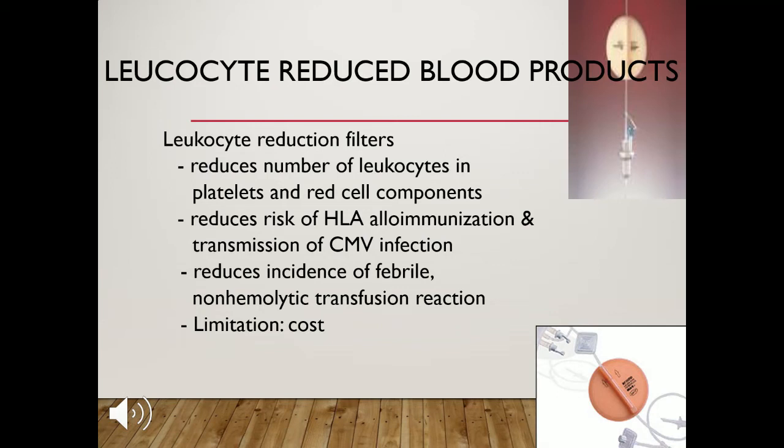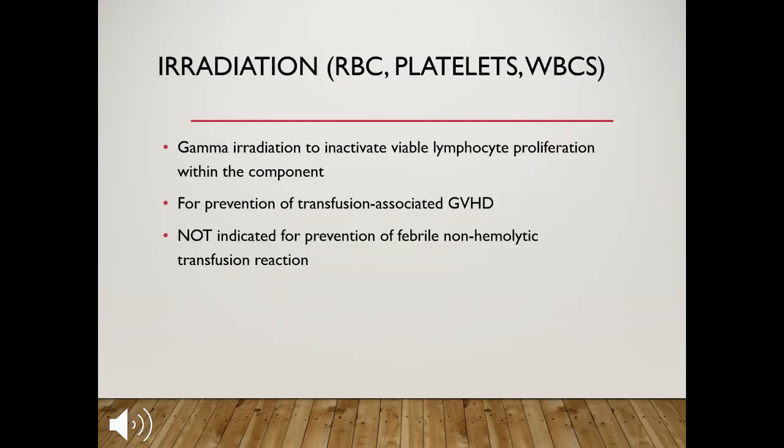It significantly reduces the number of leukocytes in these components to reduce the risk of HLA alloimmunization or transmission of CMV infection. It also reduces the incidence of febrile non-hemolytic transfusion reaction. But the limitation is that it's costly, so it's an additional around 4,000 to 5,000 per transfusion to patients.